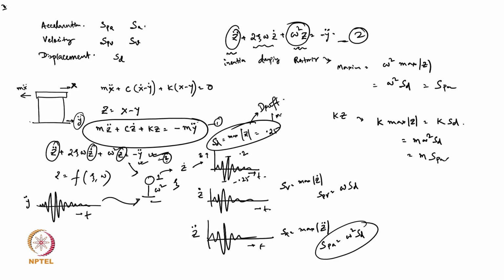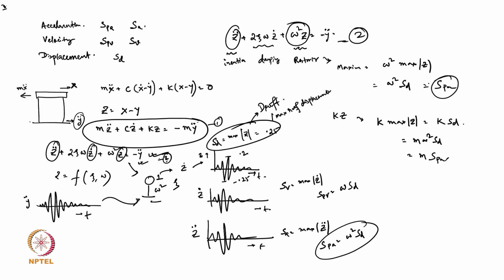But the unit needs to be properly checked. That is a very important point. It means you should not get messed up with the unit. Okay. So maximum roof displacement or drift we can get from SD.